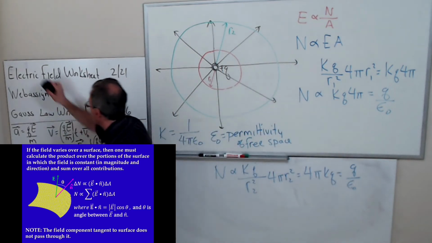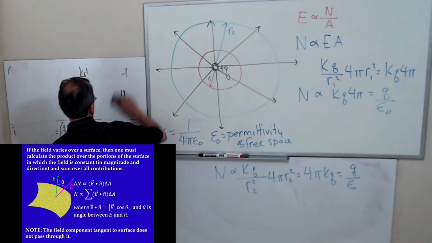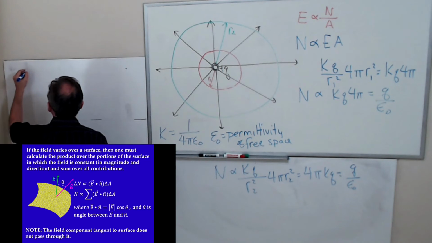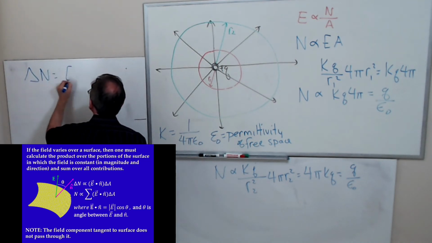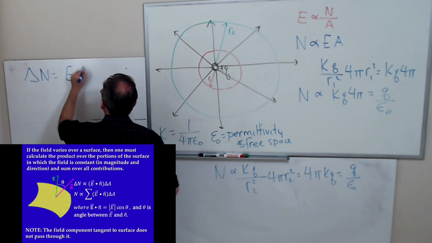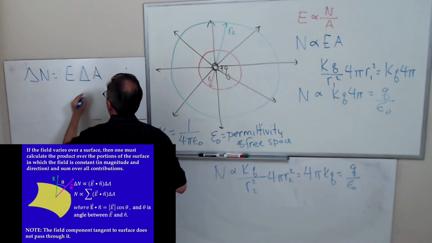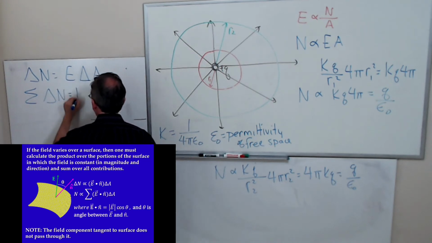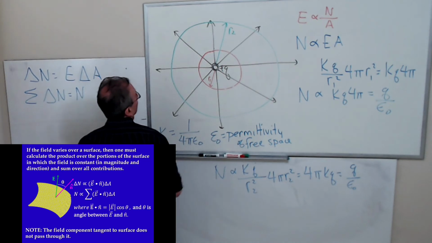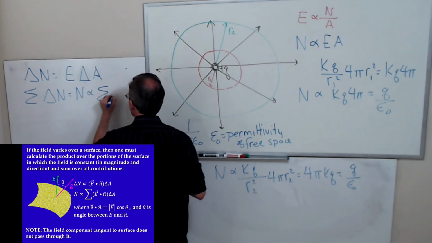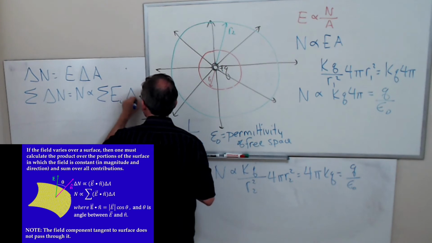So that means I have to calculate a delta n for each little surface that makes up the area. And then I can say the sum of my delta n's is my total number of lines, and that's proportional to the sum of the E sub i's times delta A sub i's.